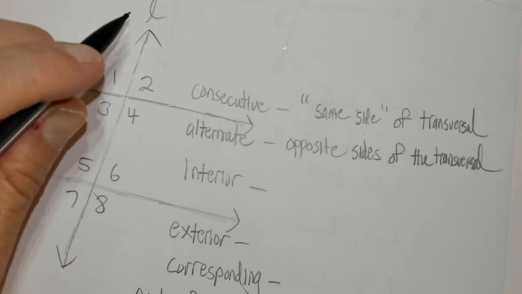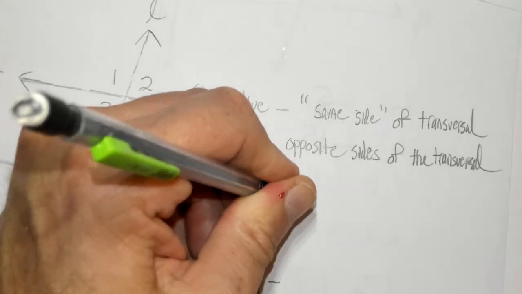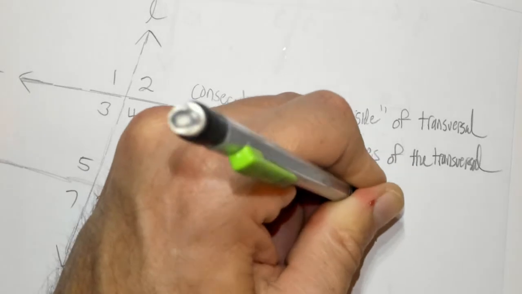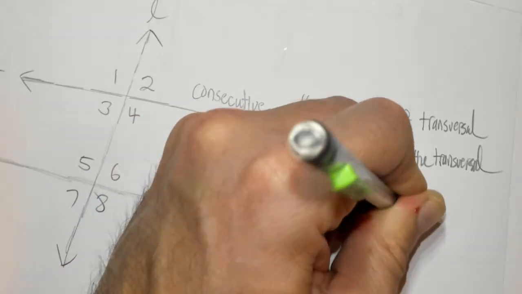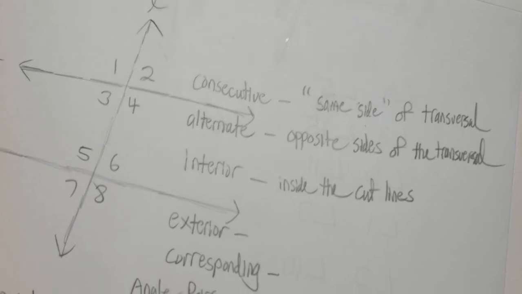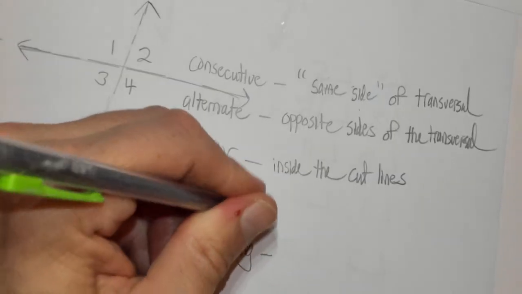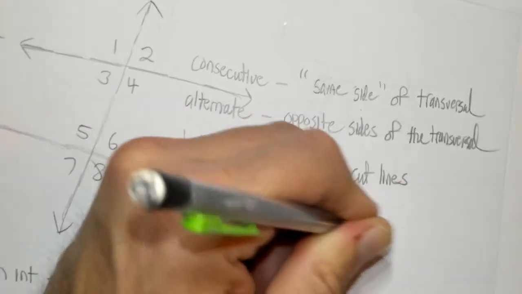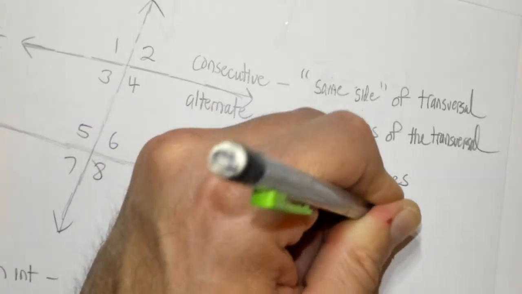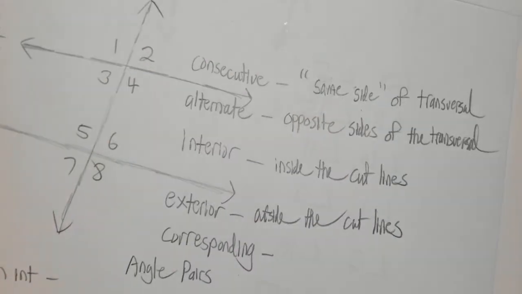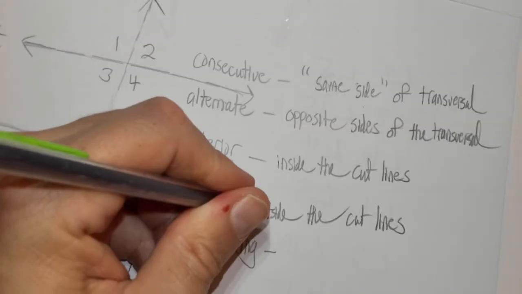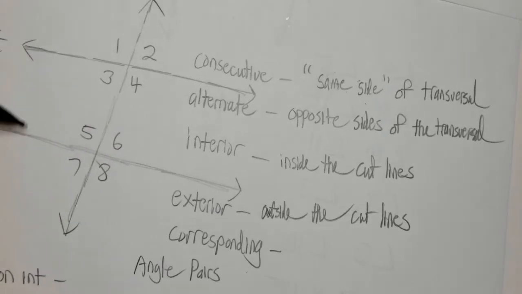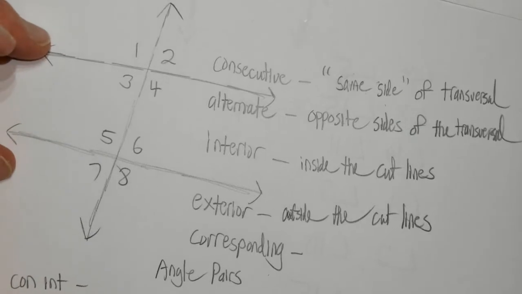Now, interior refers to inside the cut lines, and exterior refers to outside the cut lines. When we say inside the cut lines, you could think about these cut lines as a fence or a pipe.